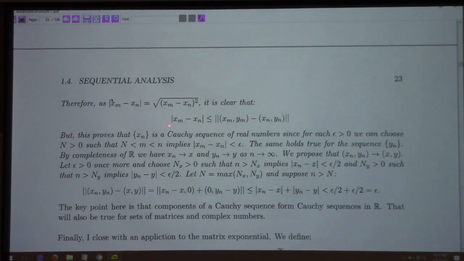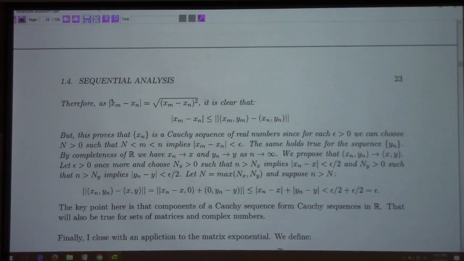Okay, so the magnitude of a component is smaller than the length of the vector as a whole, right? And so I can make this smaller than epsilon. There exists an integer such that far enough out, I can make this smaller than epsilon, but consequently, I can make that smaller than epsilon, which shows that the difference between xm and xn can be made arbitrarily small for m and n sufficiently large, which shows that this is a Cauchy sequence of real numbers.